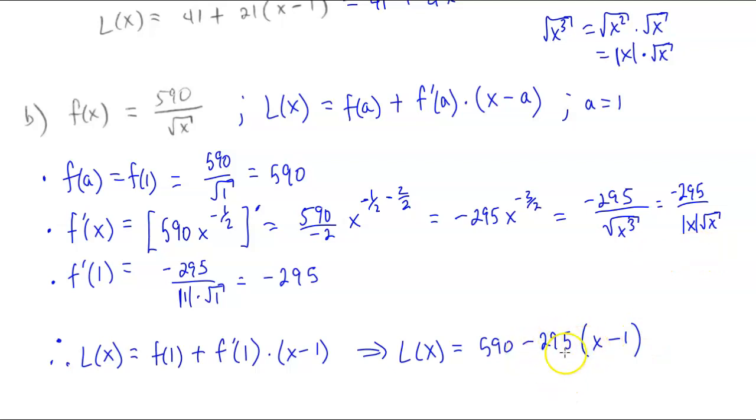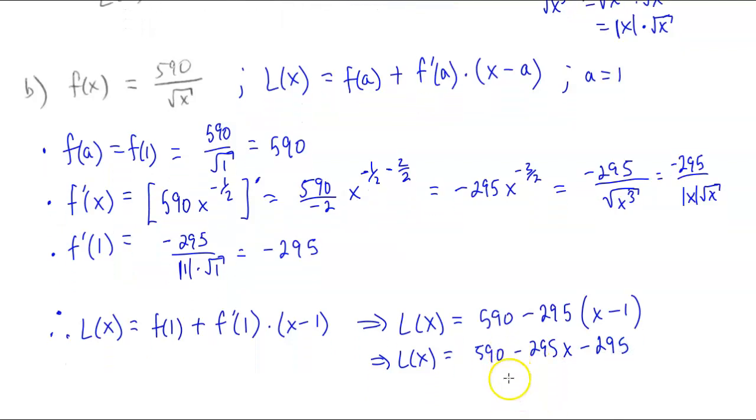And so you can leave it in this form, or you can keep on writing this and get it into basically slope-intercept form, y equals mx plus b. So if we do that, we'll have 590, minus 295x minus 295.